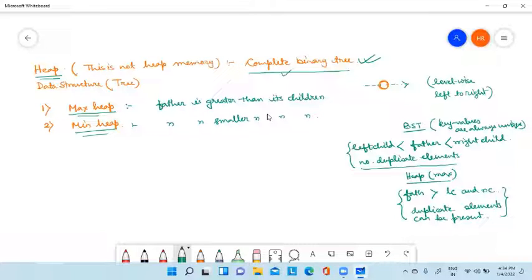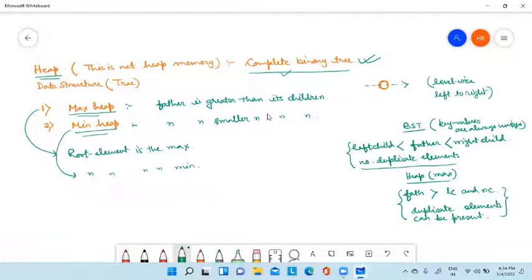It means in case of max heap, the root element is the maximum element, and in case of min heap, the root element is the minimum element.